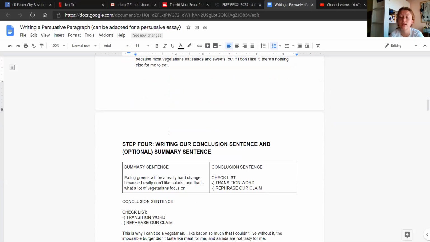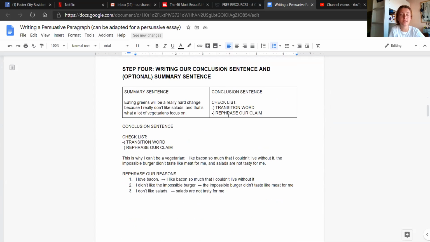Then you're going to want a summary sentence where you just summarize maybe the biggest points that you made during your reasoning. Like if you're spending sentences and sentences talking about the power of smell or something, then you're going to want to summarize your supporting details in one sentence before your conclusion sentence to remind everyone of what you were just talking about.